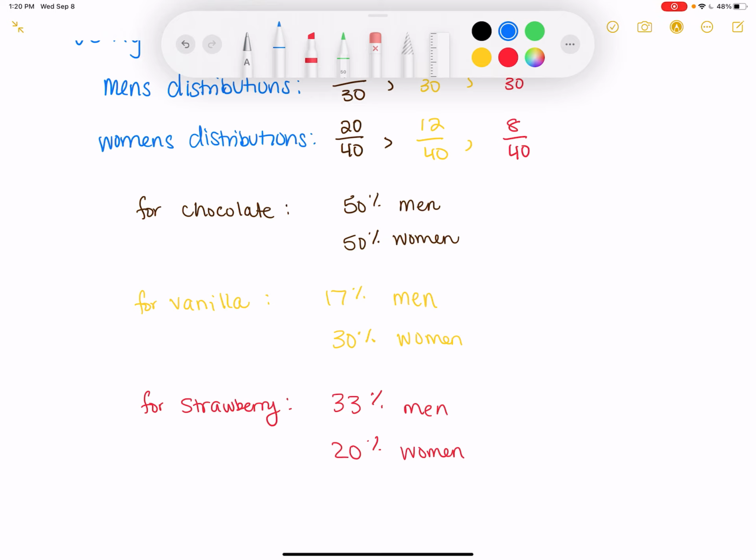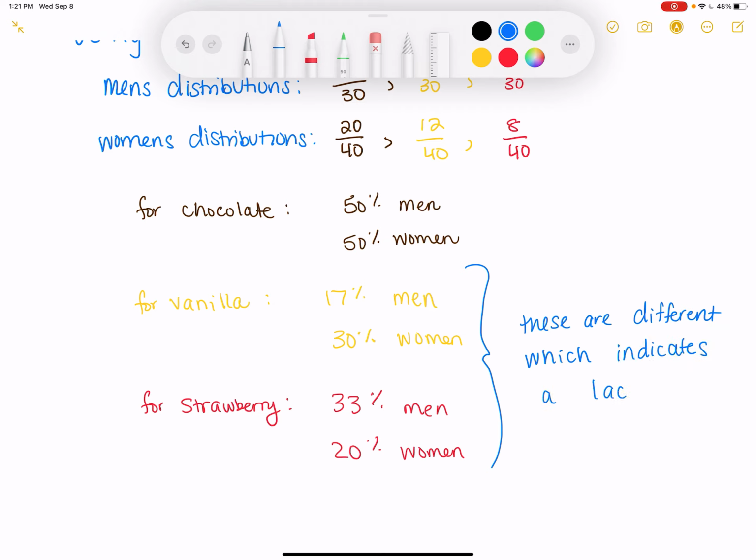The fact that these are different indicates a lack of independence.